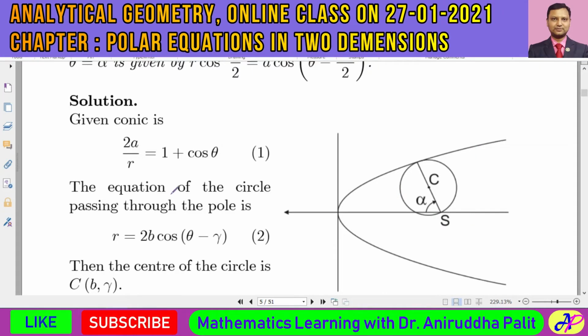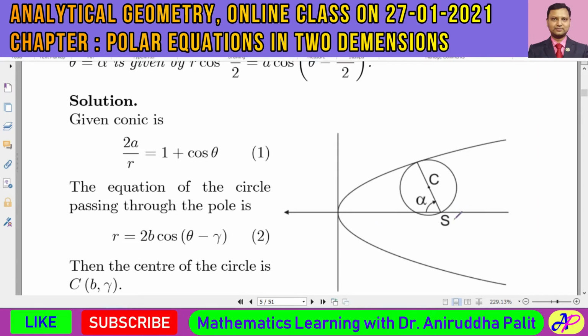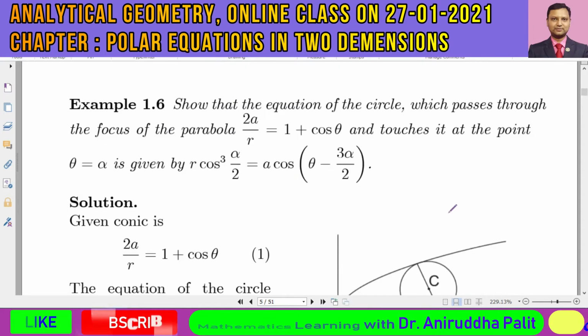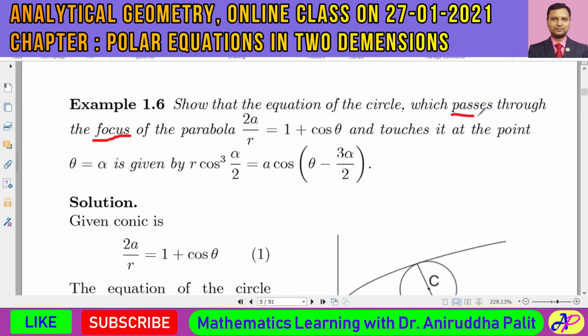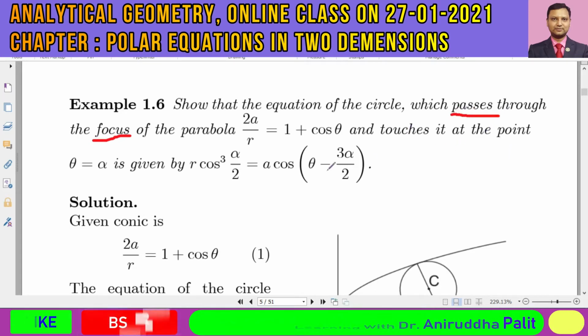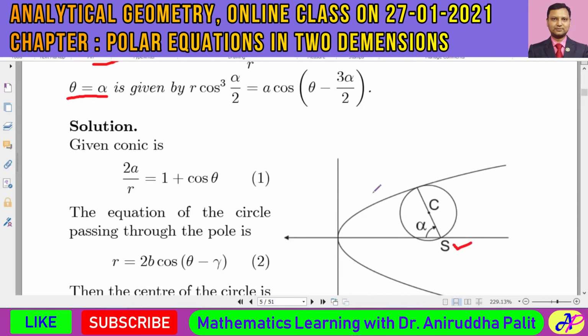So we know the equation of the circle passing through this kind of focus. Over here it says that the circle passes through the focus of the conic and touches the conic again at the point theta is equal to alpha.